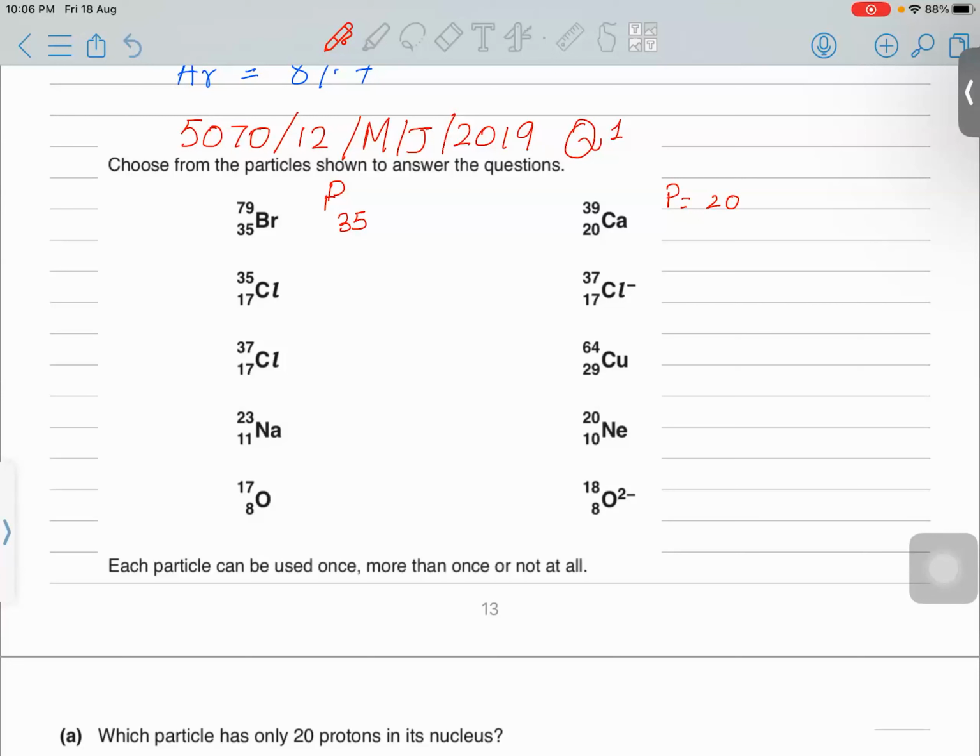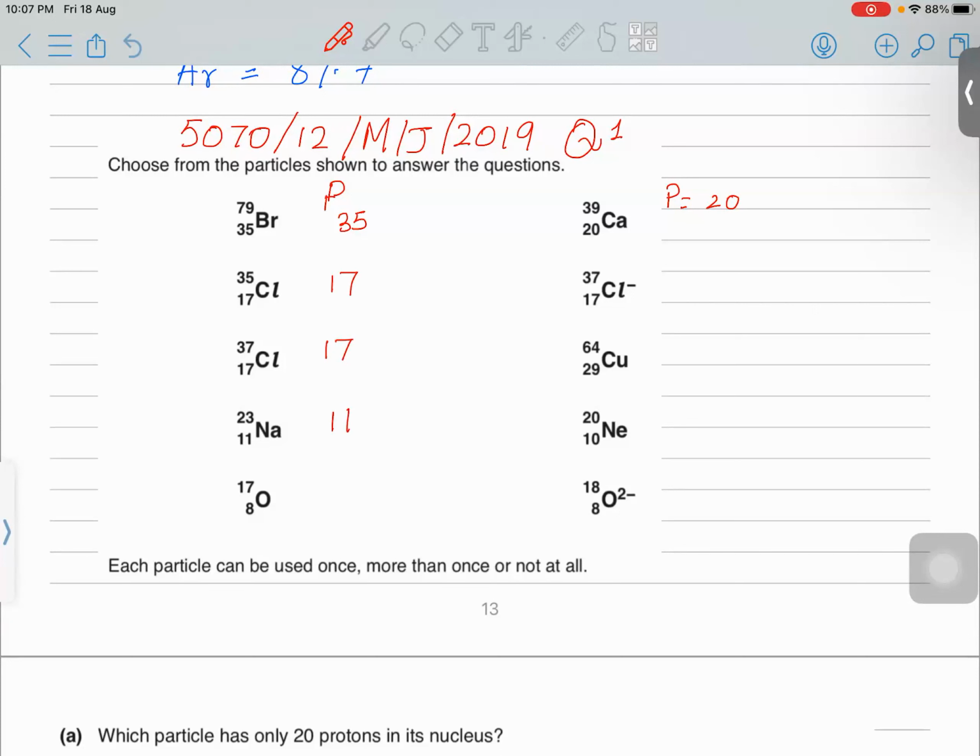For chlorine, 17. There are 3 chlorines, so again 17. For the sodium, 11. And for oxygen, 8.